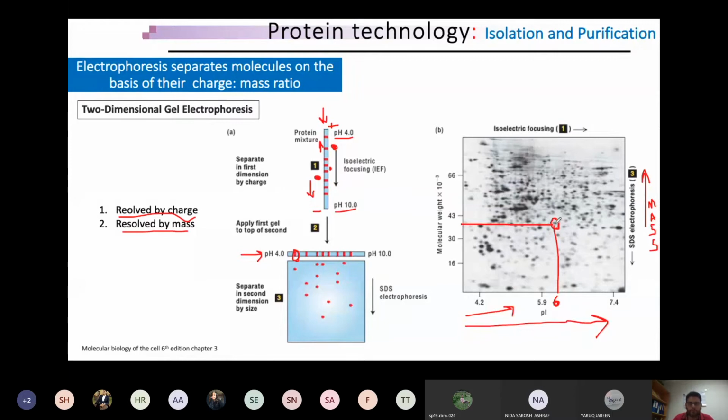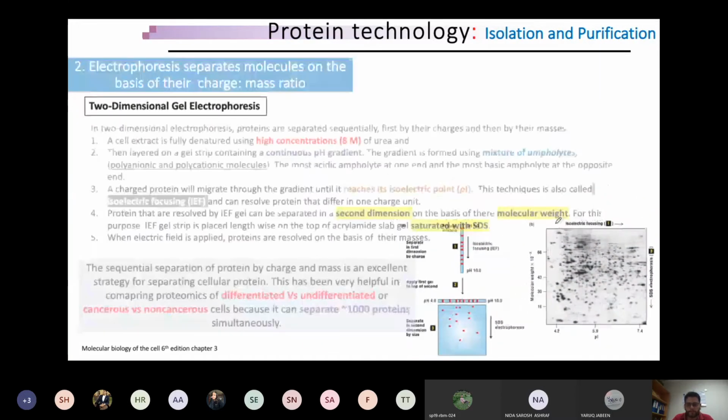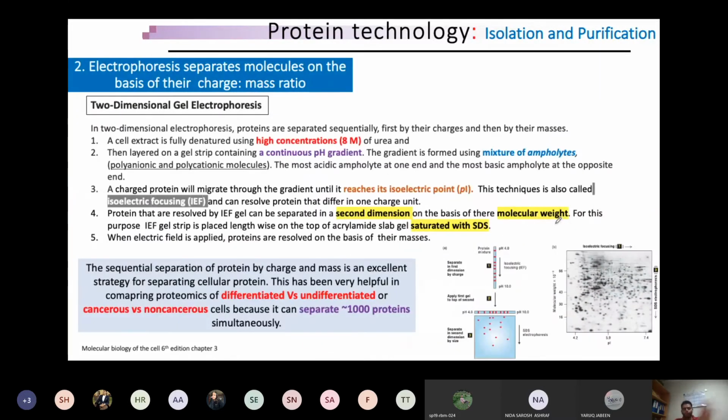So this is two-dimensional gel electrophoresis. This is the whole philosophy which I discussed in my previous slide, so you could see what is there. So how you do that: it's a simple two-dimensional gel electrophoresis. First, you take the cell extract, and you denature it using 8 molar urea. It's a highly concentrated urea, and because of this, the proteins will be denatured.